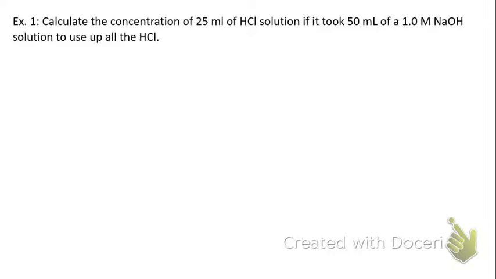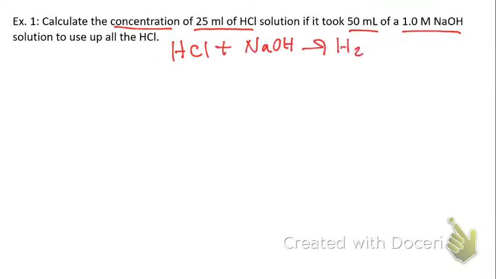We're going to calculate the concentration of a 25 milliliter HCl solution, if it took 50 milliliters, that's the total volume of a strong base that has a concentration of 1 molar, to use up all the HCl. So again, we're going to take the HCl and add sodium hydroxide to it until we've neutralized it.